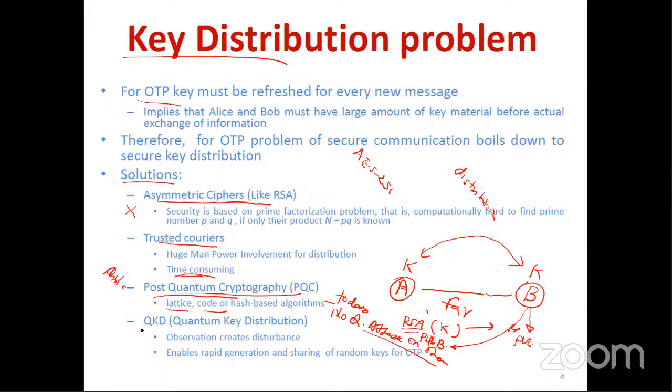So what is the best solution is quantum key distribution, QKD. It solves this problem of key distribution between these two parties, and it can do this rapid generation. And if we have QKD with us, we can solve this. And this QKD is hack proof.